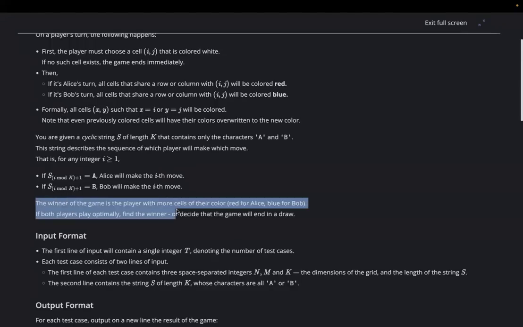The winner of the game is the player with more cells of the color, red for Alice and blue for Bob. If both players play optimally, find the winner or decide that the game will end in a draw.